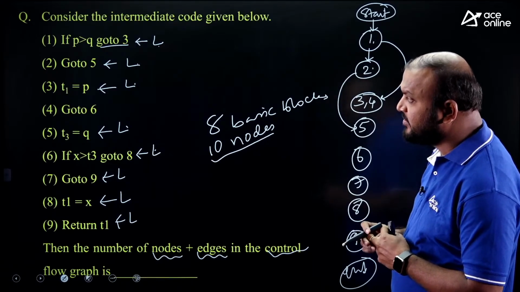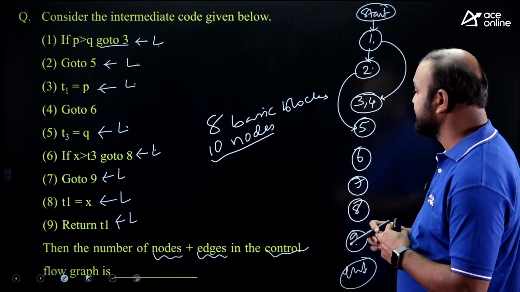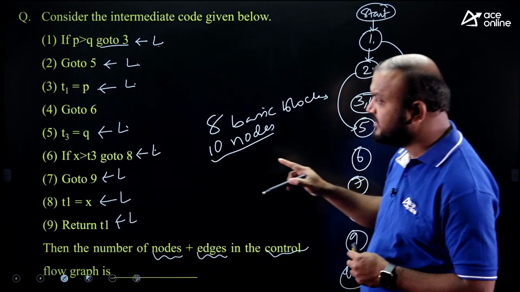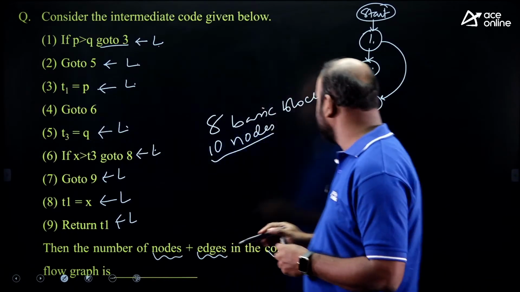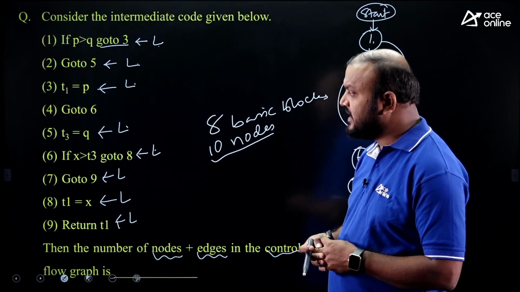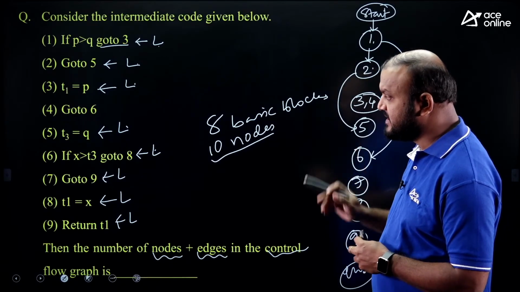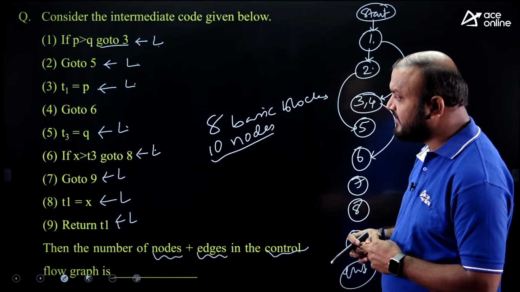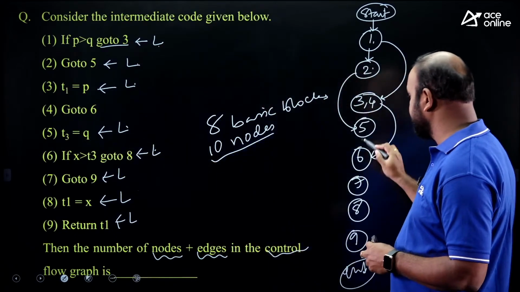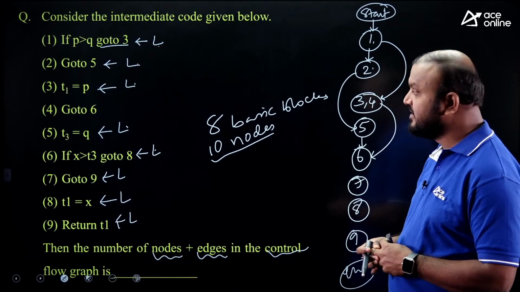From the third block, 3, 4, we have go to 6, an unconditional jump. And the fifth statement is executed, and after it, it is going to execute the sixth statement because it is a continuation.